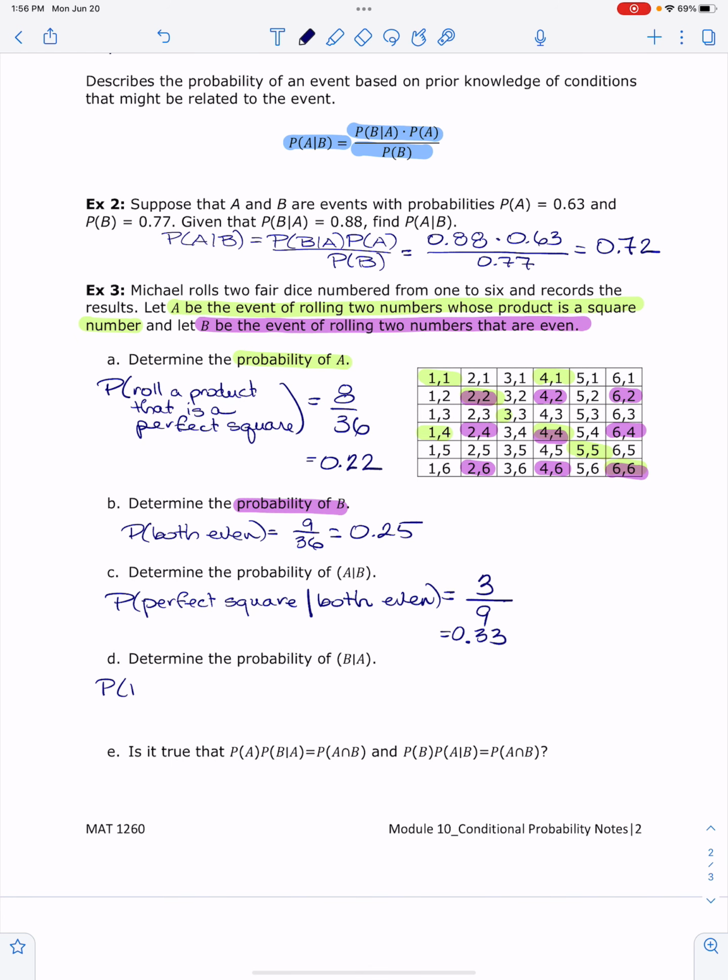So the probability of B given A is going to be the probability of A given B times that probability of B, the last thing I wrote, all over the probability of A. I have made sure that everything here is labeled so I can easily find my numbers.